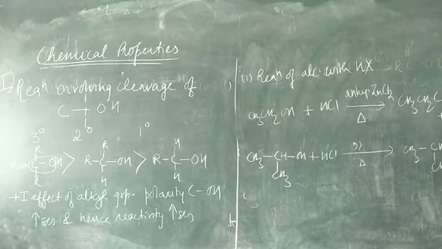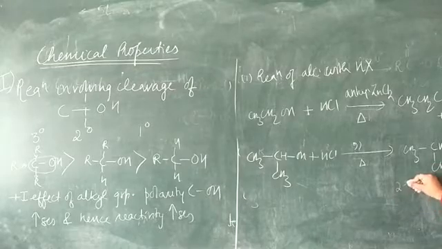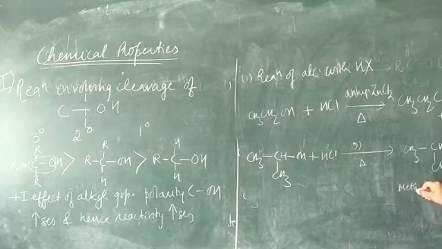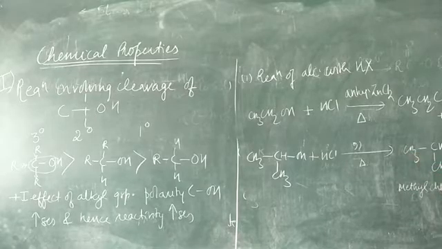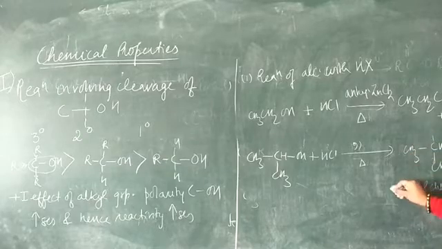So this is the CH3 which is formed here, and it has got the alkyl group, methyl, chloroethane, which is going to be formed. We actually have CH3CH2Cl, but at position 1 we have got the methyl, so we can write it as 1-methyl chloroethane.